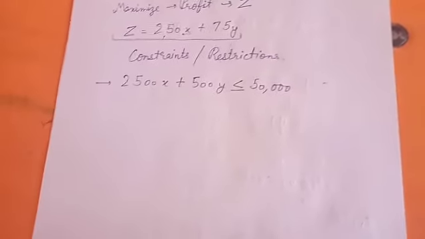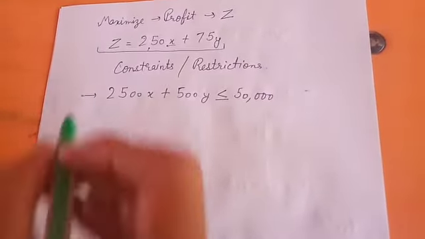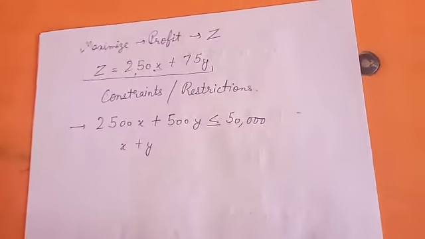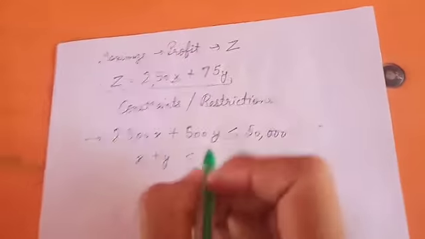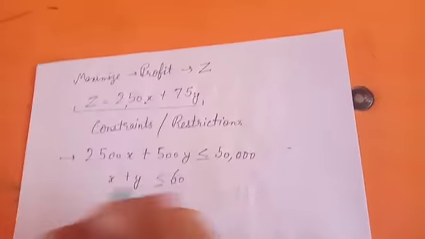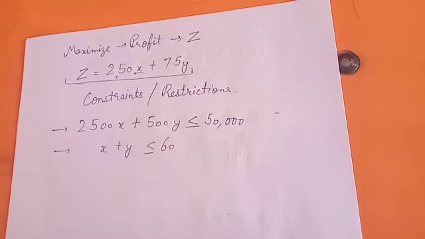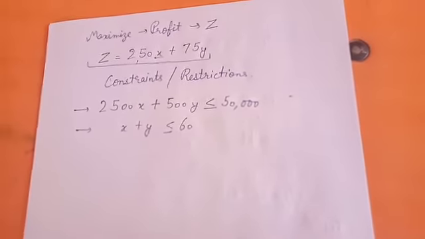Okay, understood? Similarly, for objects, he buys x tables and y chairs. The sum of total things he buys will be less than or equal to 60. It is another constraint.